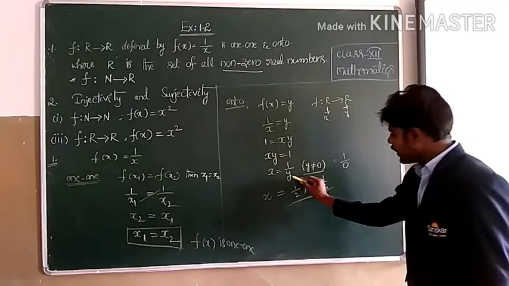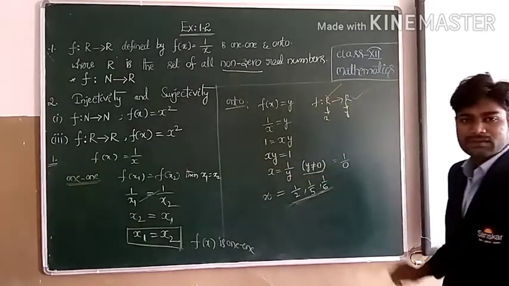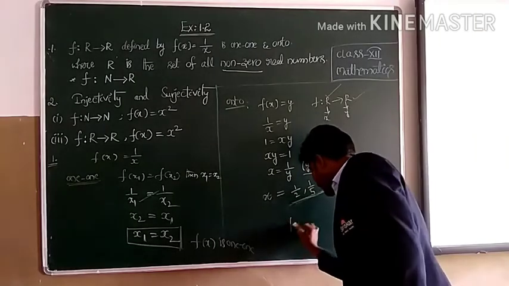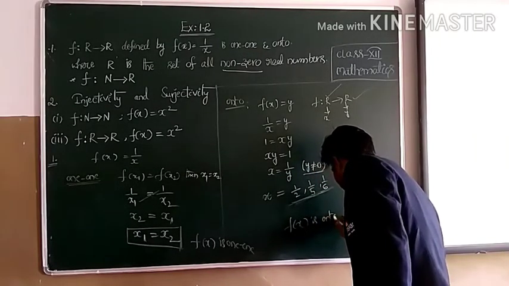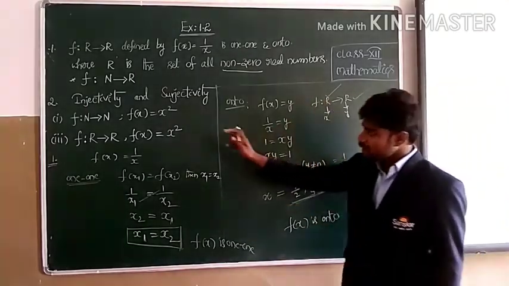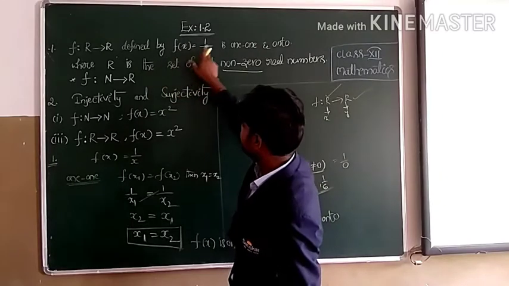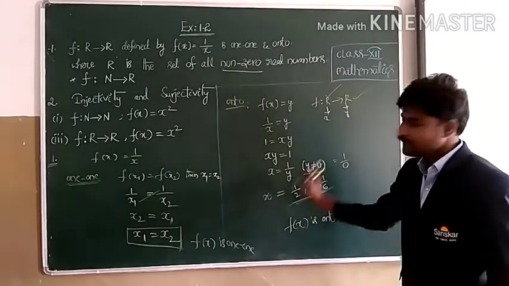Here y is a real number and x is also a real number. So that's why f of x is an onto function. So the first case is completed. Given f from R to R defined by f of x equals 1 by x is one-one and onto, we proved the first case.